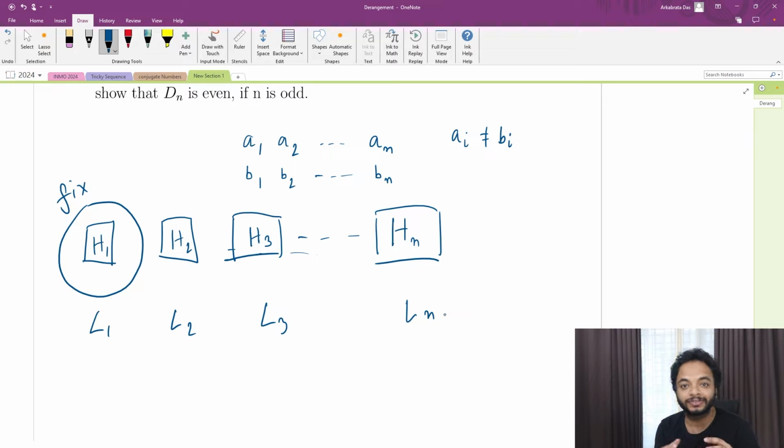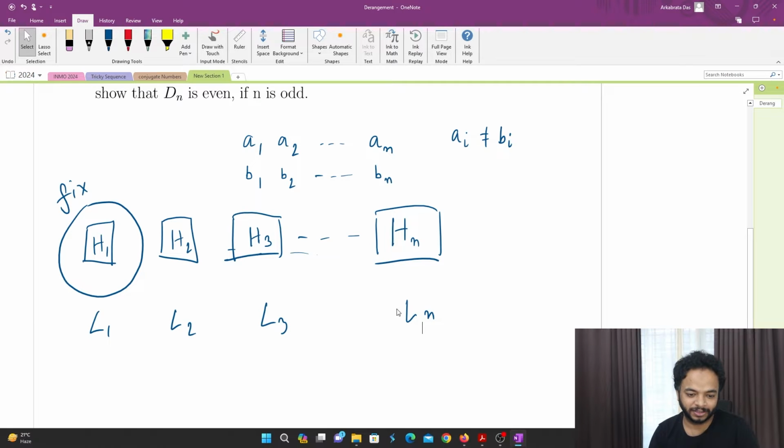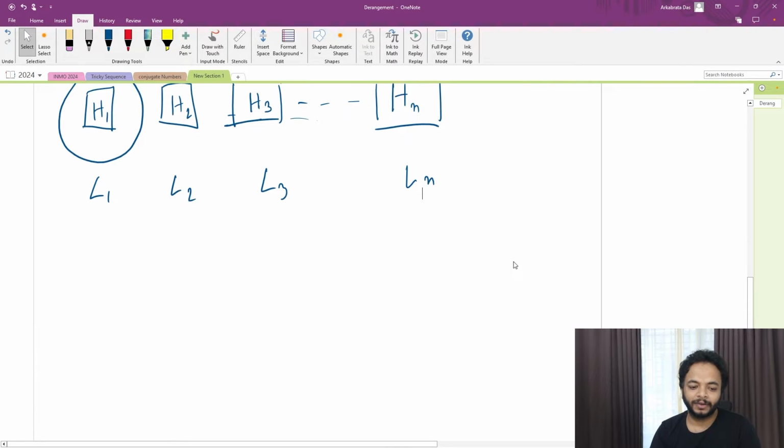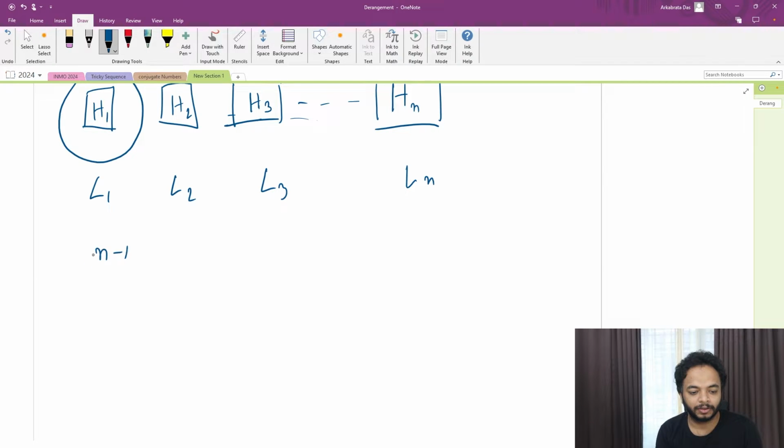So we are going to watch where this L1 is going, and from there we are going to make some observations. First, where L1 is going, it has n minus 1 options or n minus 1 choices, because from 2 to n, anywhere it can go.